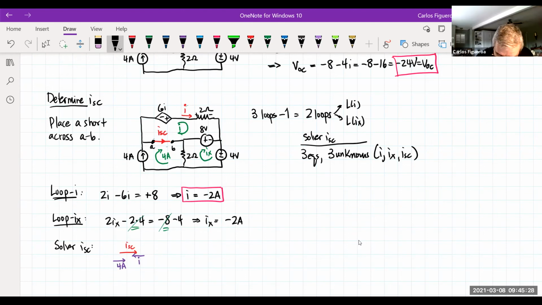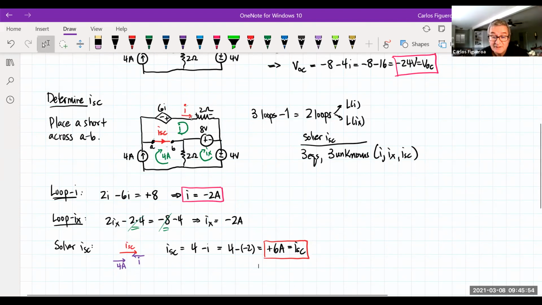So you could see here that I short circuit should be 4 minus I. So in this case, I'm getting 4 minus 2. I'm going to get positive 6 amps for I short circuit. So I have I short circuit.